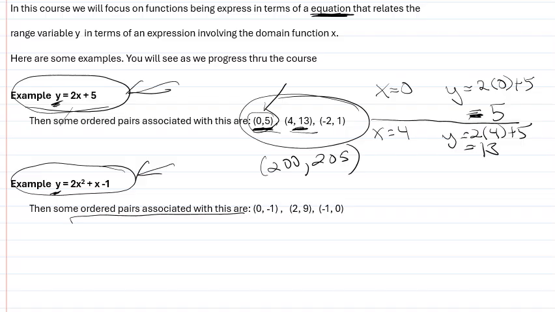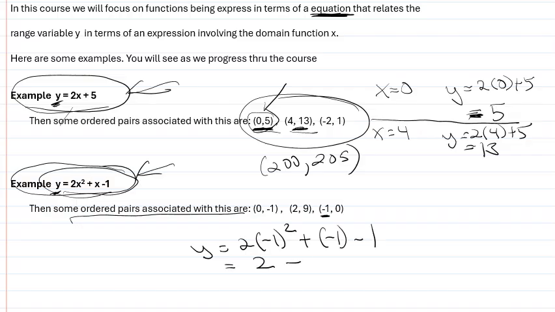I'm relating y to x in terms of an equation here. Notice if you're plugging in -1, you get 0 for your output y.